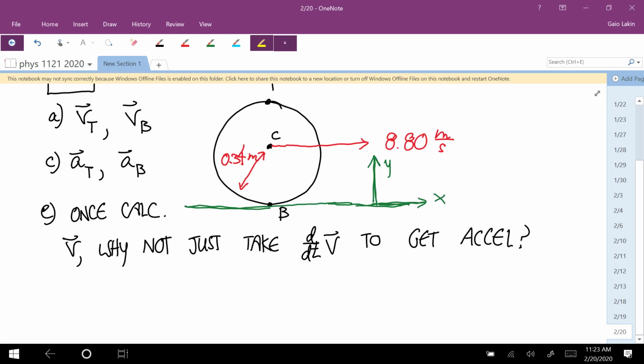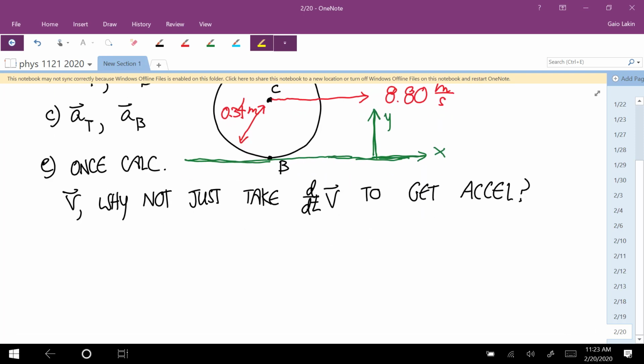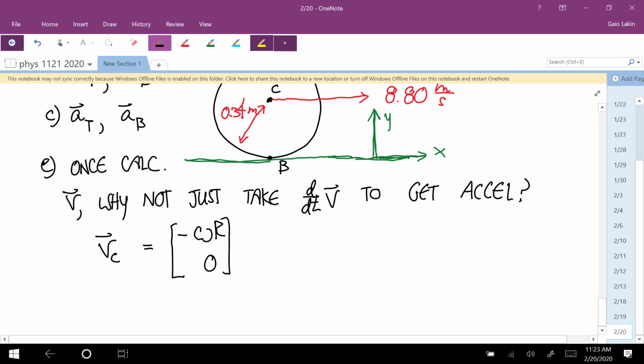The rolling without slipping equation says that the velocity of the center as a vector is equal to negative omega r and then 0 for y. And we're given what this is. It's positive 8.80.